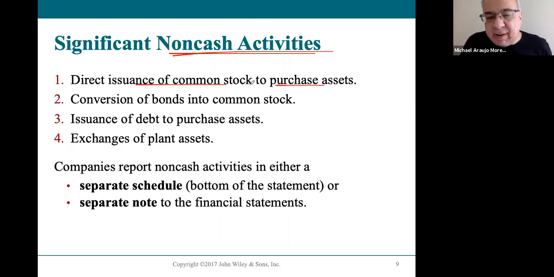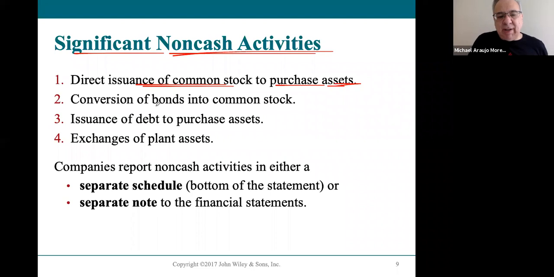So buying assets for common stock. Okay, that doesn't involve cash. You're simply paying for the asset with shares of common stock. That would be a significant activity because you're adding to your assets, but you don't need cash to do it.